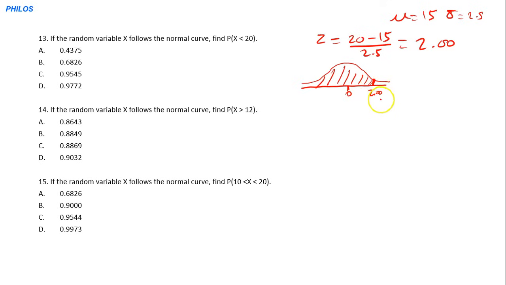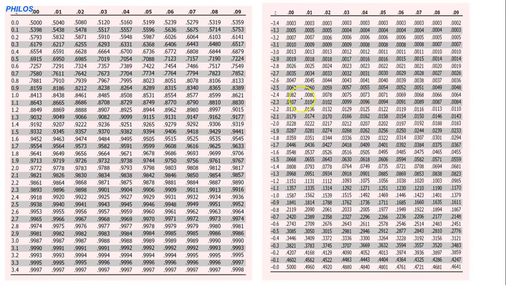So to get it, first we need to go and check 2.00 on the z table. So let's check it on a positive z table. 2.00. We get 0.9772. In case you are checking 2.01, it will be this one.